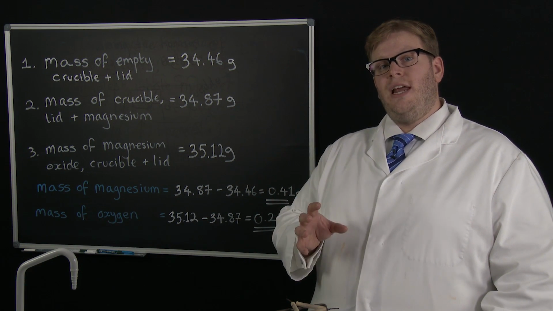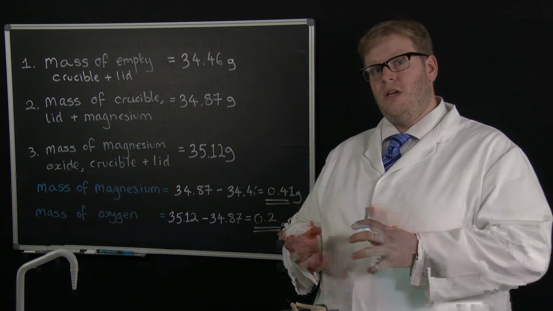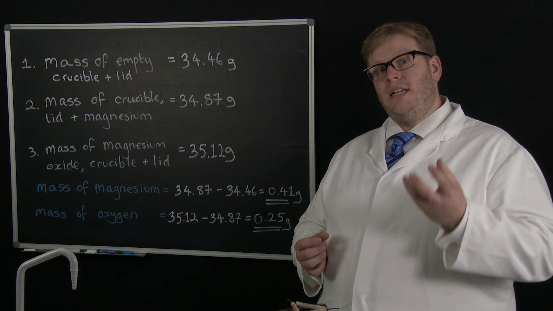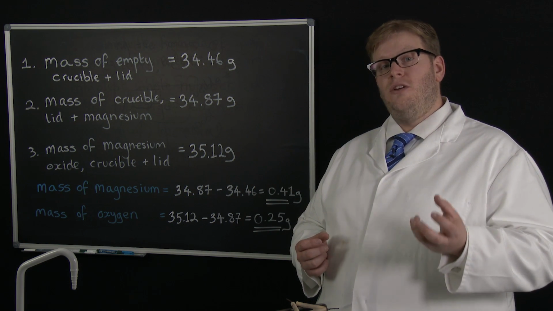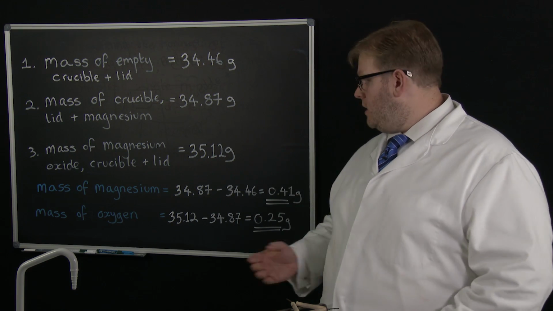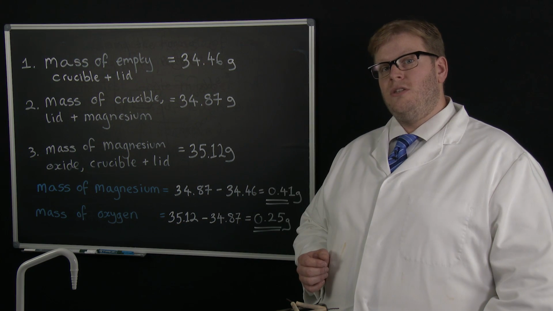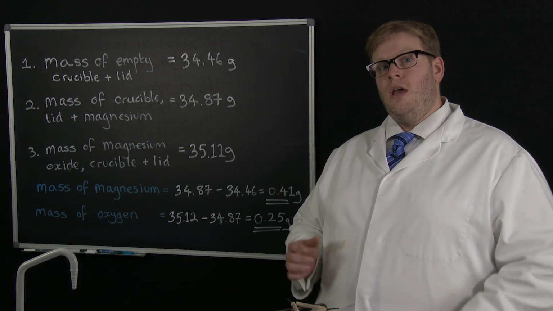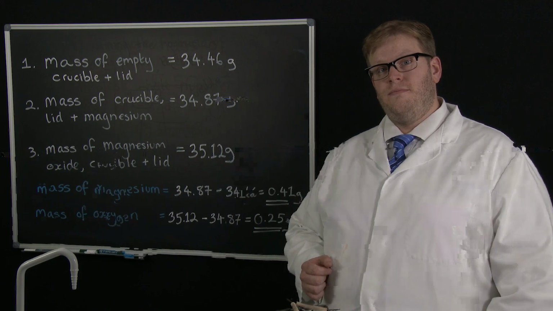I can calculate the amount of oxygen that has added itself or bonded with the magnesium by subtracting the magnesium inside the crucible and lid from the magnesium oxide crucible and lid value. Here. I get a value of 0.25 grams. We're going to take these data values forward and calculate the formula.